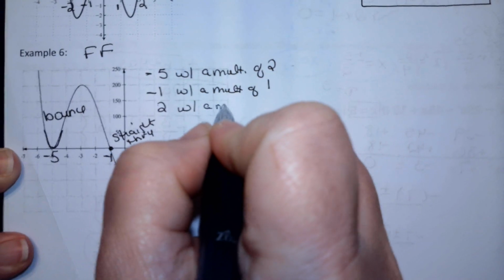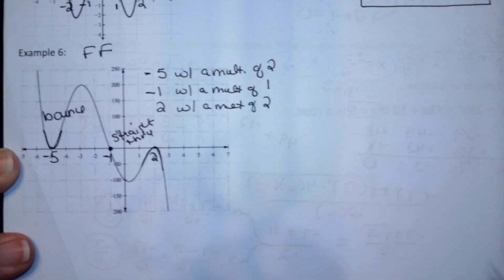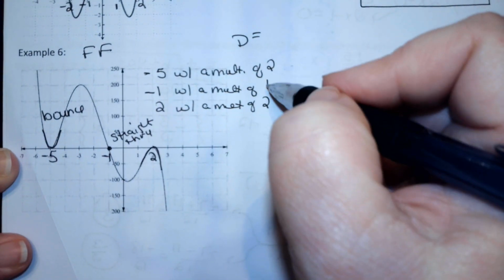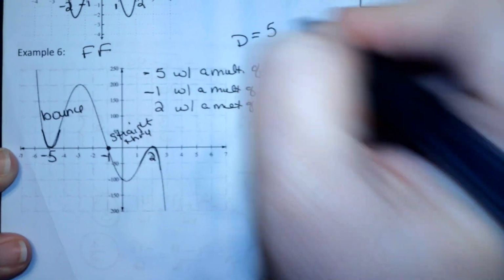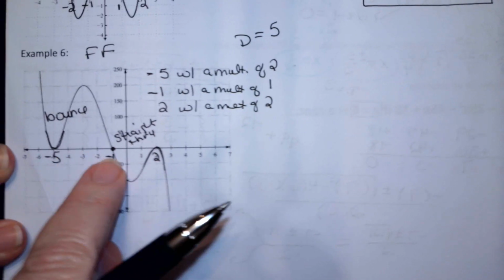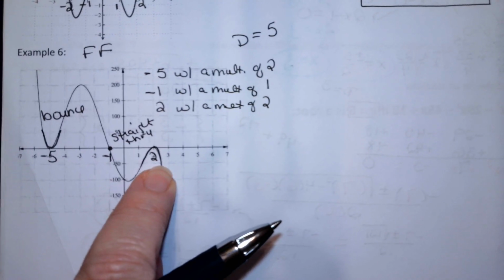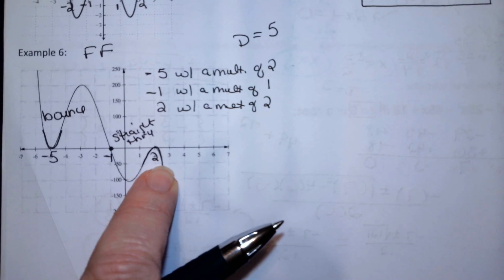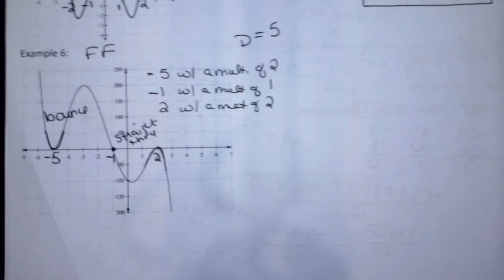So that would be 2 with a multiplicity of 2. So the minimum degree, let's see, 2 plus 1 plus 2 would be 5. So we should have 5 solutions, but we only have 3 distinct roots. We have 3 x-intercepts, but some of those are being used more than once. Okay. So now let's write this in factor form.